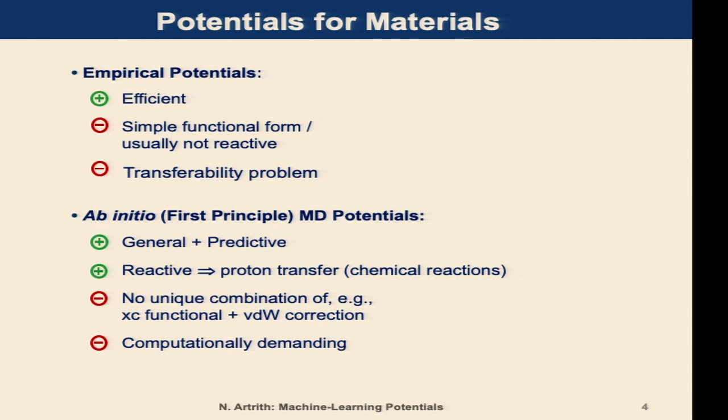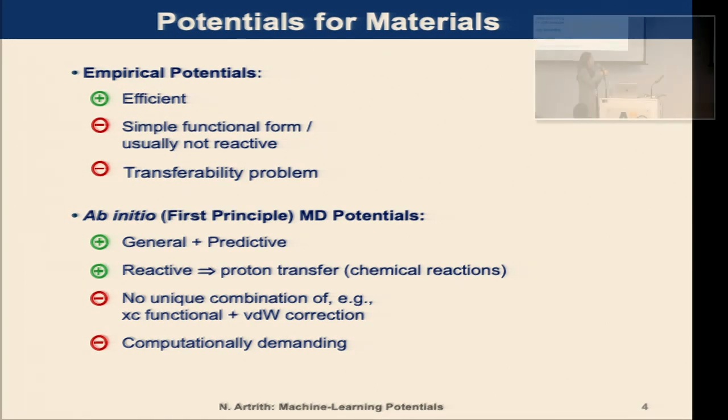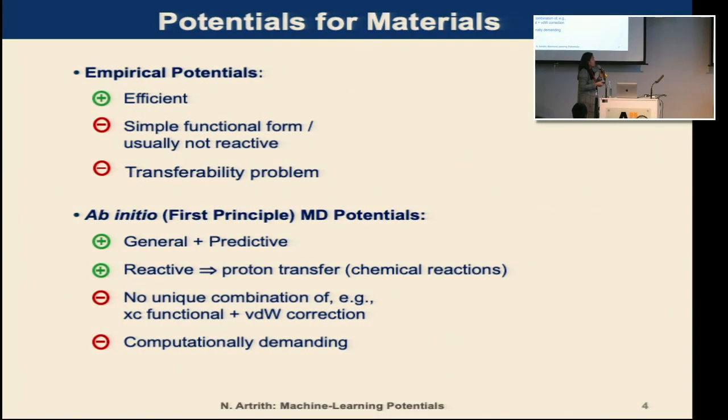I would just like to make a list of what I said before. The empirical potential for materials is efficient, but if we want to represent something very complicated, the functional form is quite simple and not very reactive. And each type of potential is created in a way that it can describe only some types of materials, so it lacks transferability.